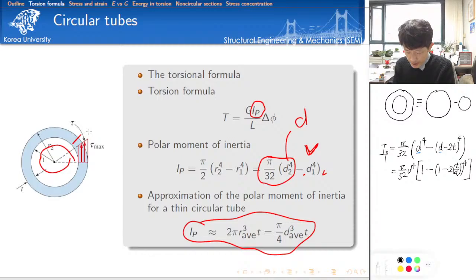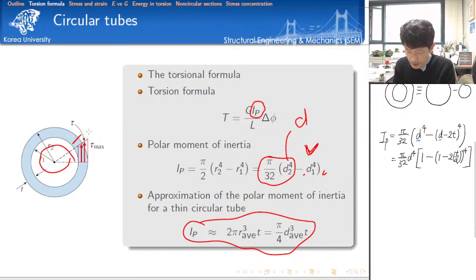As a first approximation, maybe we can consider that because thickness t is much smaller than the diameter, t over d is approximately equal to 0. So we can neglect this. Then what's going to happen? Pi over 32 d to the fourth times 1 minus 1, which is equal to 0.